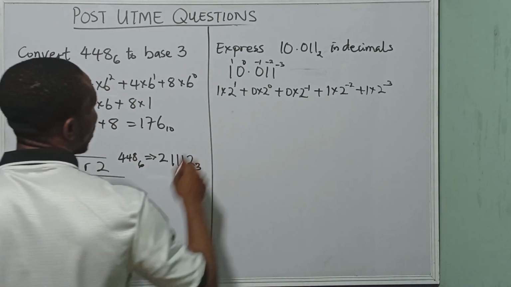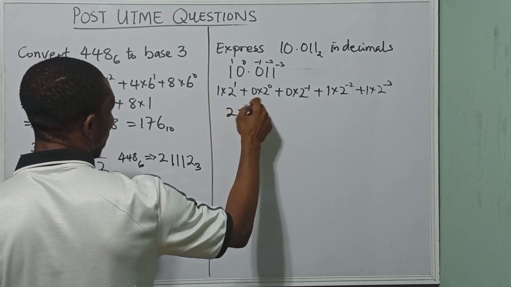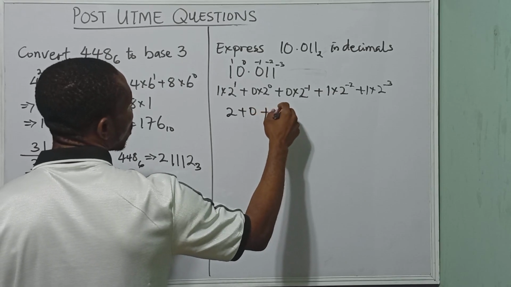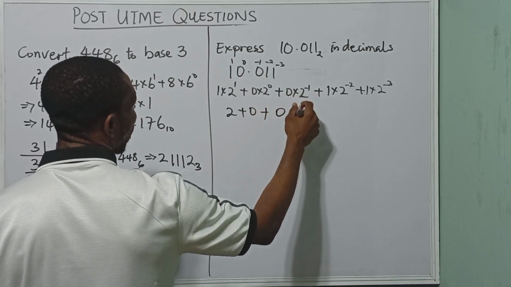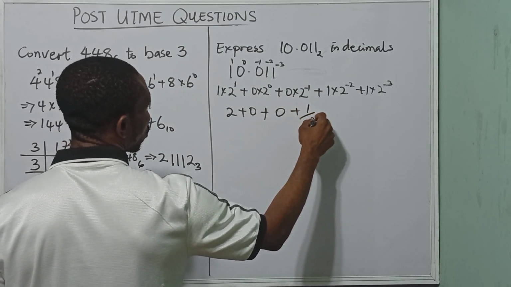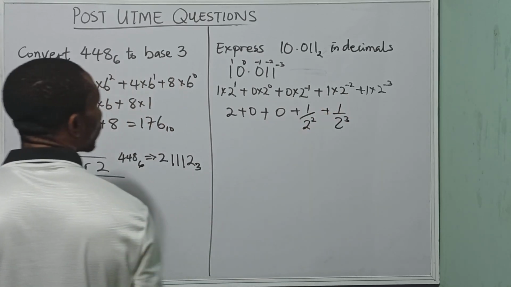Now this will become 2 plus 0 plus 0 plus 1 over 2 raised to power 2 plus 1 over 2 raised to power 3.